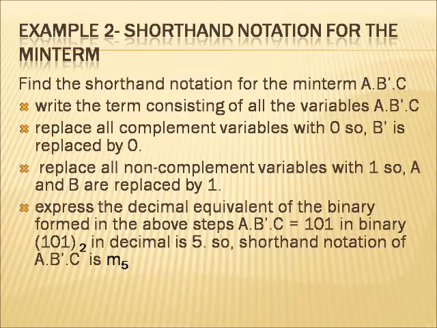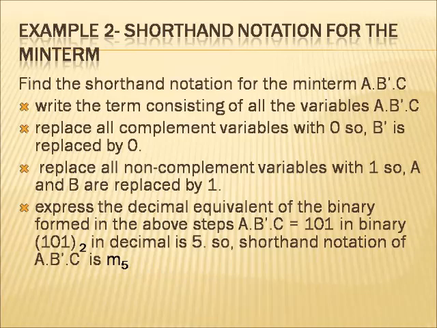Okay, now you can see another example. Here the given min term is a dot b bar dot c. So similarly, like we have done in the last example, here we can replace all the normal variables with 1 and complement variables with 0. So here only b bar is in the complement form.